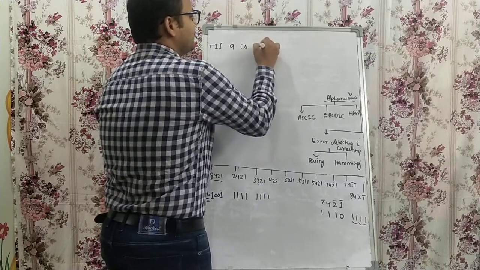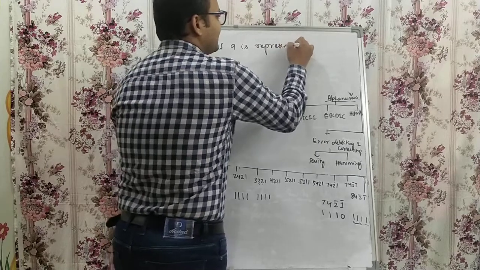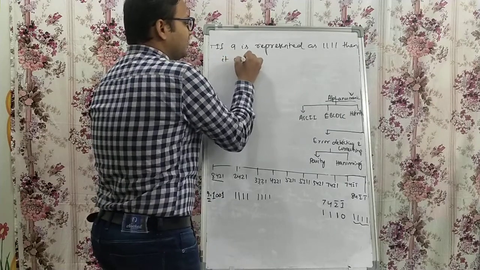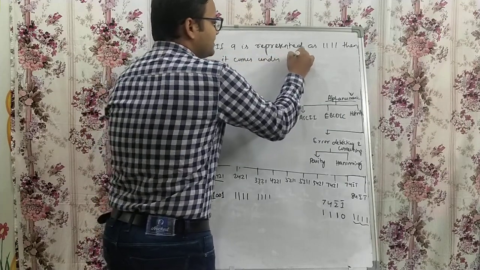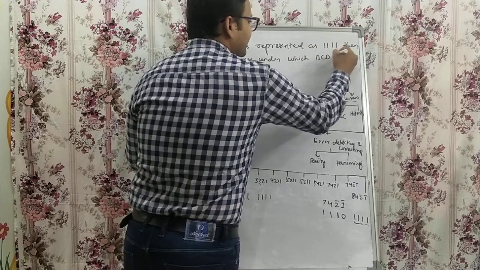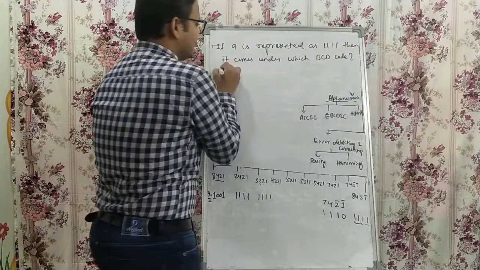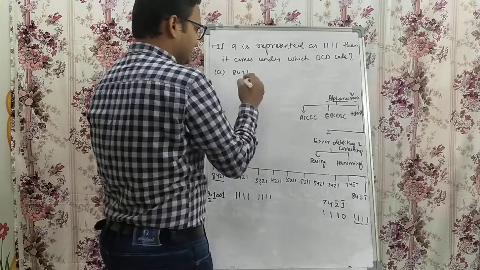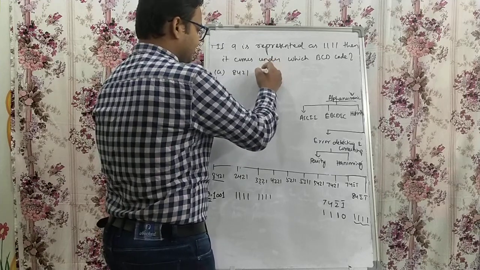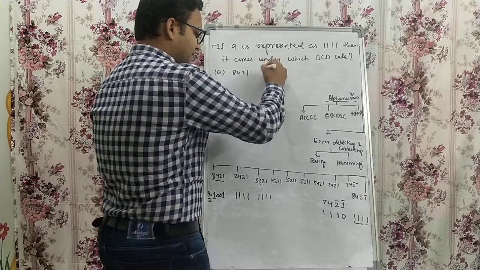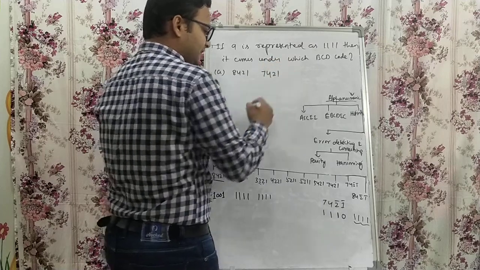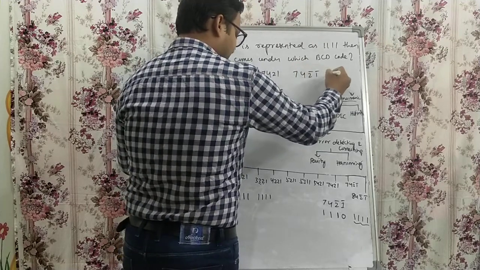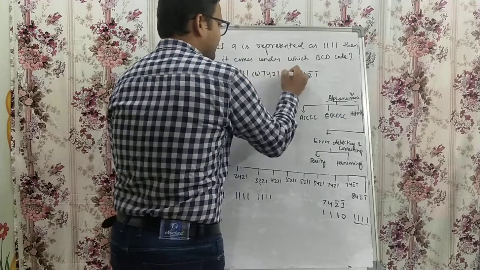If 9 is represented as 1111, then it comes under which BCD code? Let's say there will be options: A, 8421. Next, 7421. Next, 742 bar 1 bar. Let's say these are the options given to you.